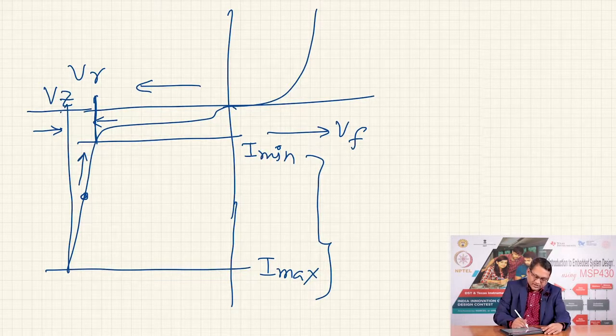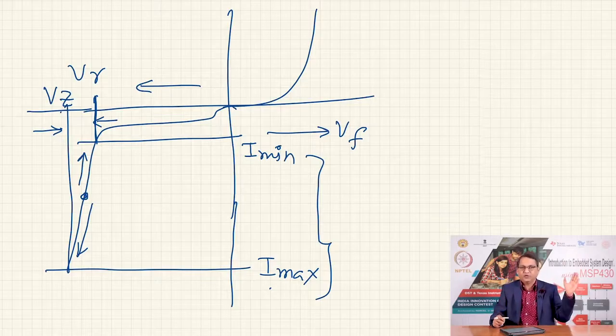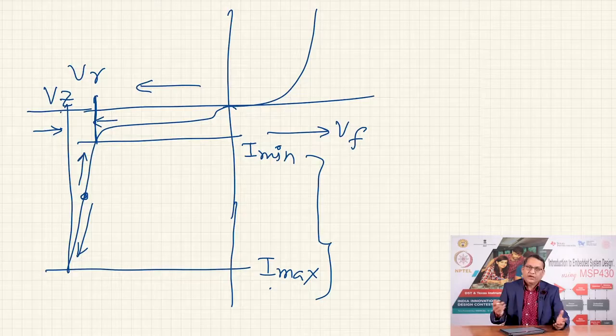If the input voltage increases, it would travel in this direction and it would pass more current through the Zener diode. The Zener diode acts like a shock absorber against the shock, that is the variation in input voltage or variation in the load current. If the load current changes because you have changed the amount of current being consumed in the output, it has only one way to go, which is through the Zener diode.